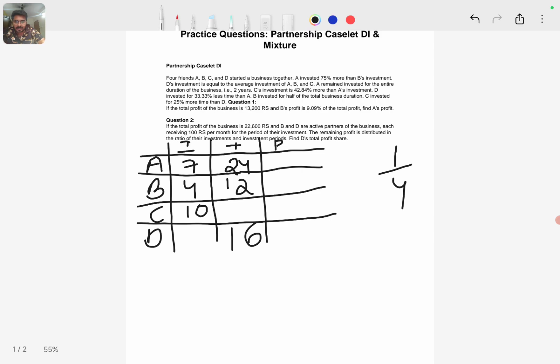So if D invested for 4 parts, then C invested for 25% more, so 1 more than D's investment time, means 5. So 4 units 16 months means 5 units 20 months. So C invested for 20 months.